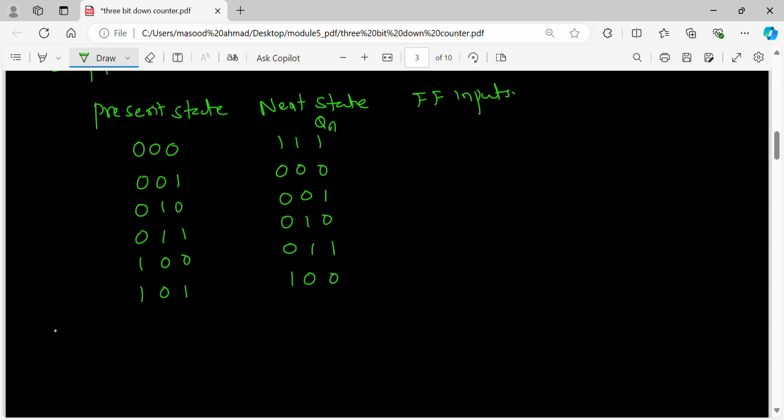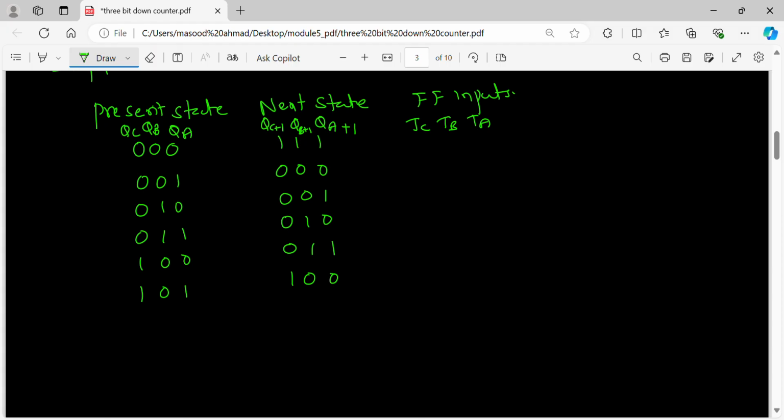Let's say this is QA plus 1, QB plus 1, QC plus 1, whereas this is QA, QB, then QC. What we try to do is look for TA, TB and TC.